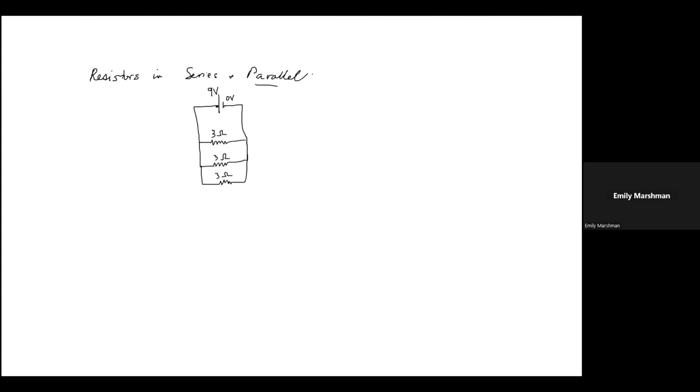And so if I wanted to know the current through this top resistor, V equals IR, right? The current is going to be its voltage divided by its resistance. Notice that it's connected to the battery. It's got the full amount of voltage. So I'm going to put 9 volts on the top, 3 ohms on the bottom. And so this is getting 3 amps of current running through it.